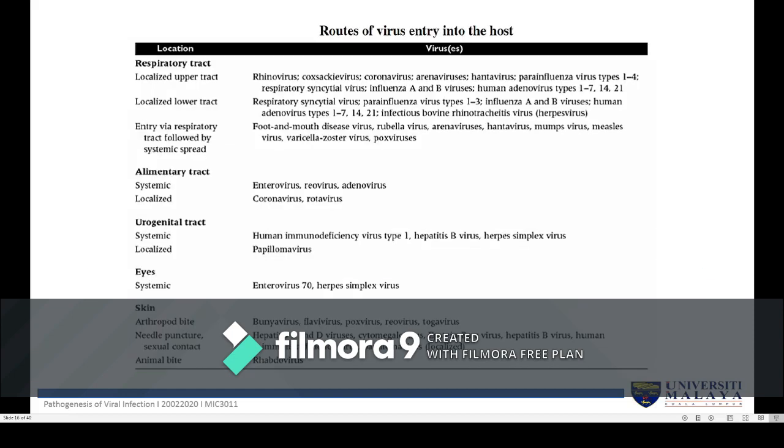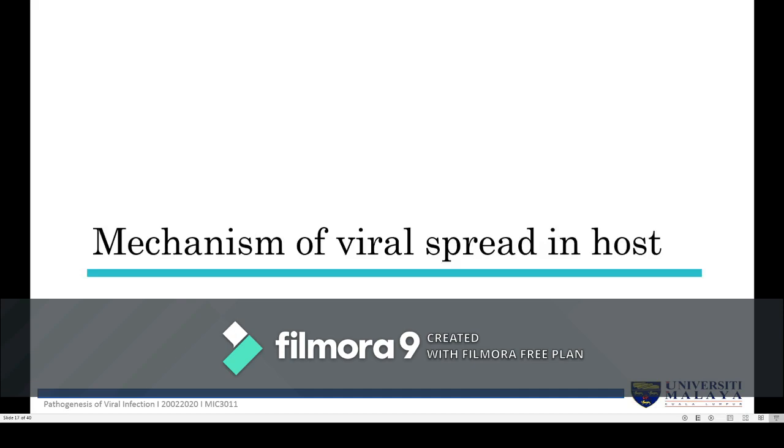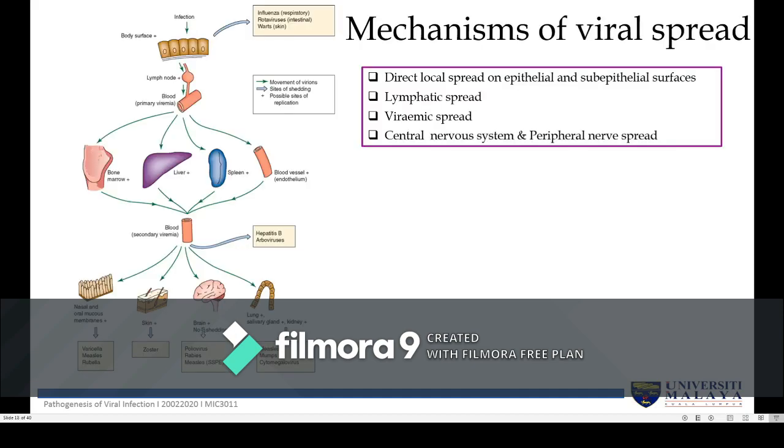Okay. So now we will go to the mechanism of virus spread in the host. Like I mentioned earlier, it starts with local, lymphatic, viremic, and then the CNS. Some of it is only local. Some go to the lymphatic and stop there.